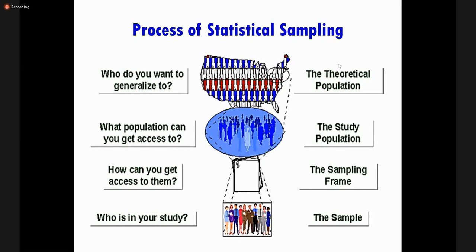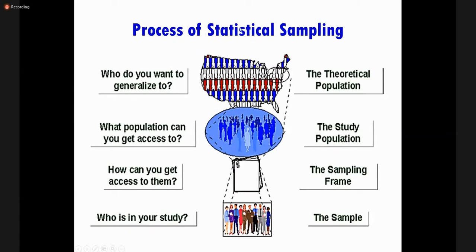So a theoretical population, the population of Karachi maybe. What do you want to generalize? We want to generalize our research in Karachi. Okay, the study population. We are interested in what population you can get access to. So what is the population of interest? The school age children of Karachi, and we want to know their awareness level regarding COVID-19 transmission, how transmission can occur. And then you make a sampling frame.